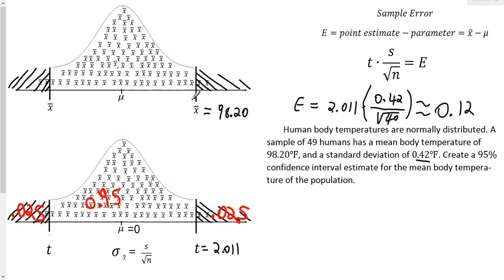Then I need to make my margin of error 0.12. So this margin of error, E, would equal 0.12, and I would subtract that so that I can be sure that I capture mu with 0.025 in this upper tail. So if I want to be sure to capture mu, I have to take 98.20 and subtract 0.12 from it.